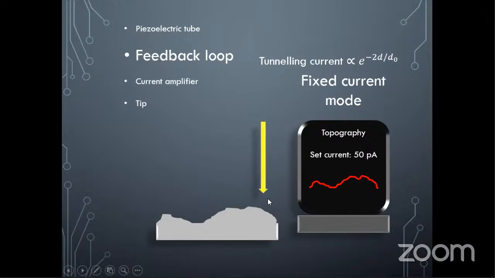And because of that, what one gets from the feedback loop is the actual topography of the surface. So the tip has to go up here, because the sample has an upward terrain here, and to a lower value here, the tip has to go down to get a constant value of current.